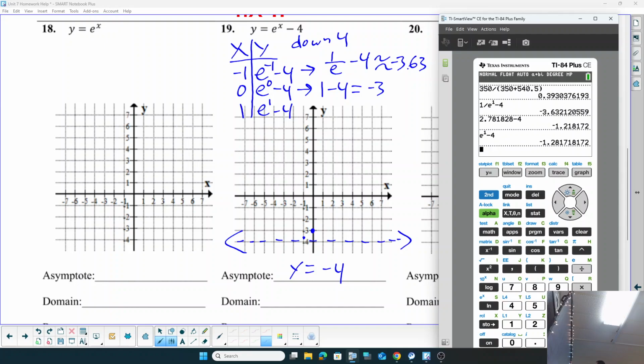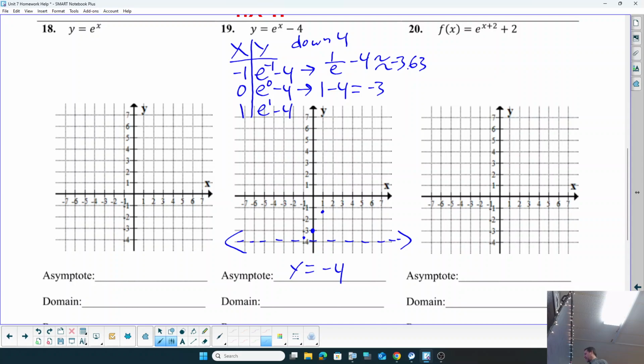Oh, I was off by a little bit, sorry. It's -1.28, so about -1 1/3 or so. And so we're going to go over 1 and then down to -1 1/3. And there we go. So we're going to go ahead and graph this now.